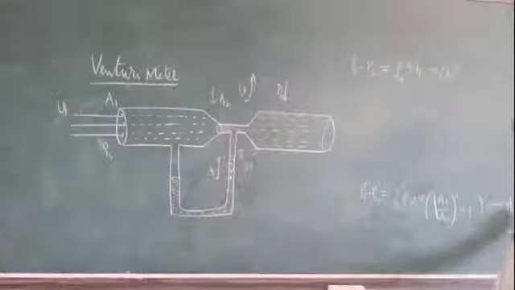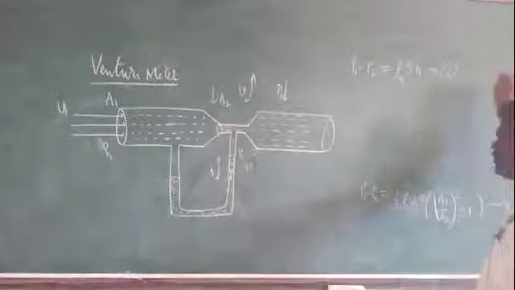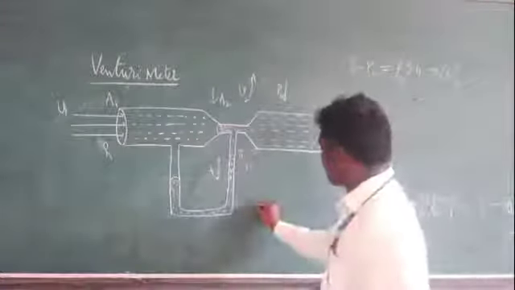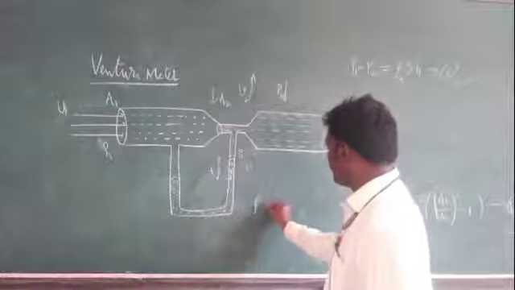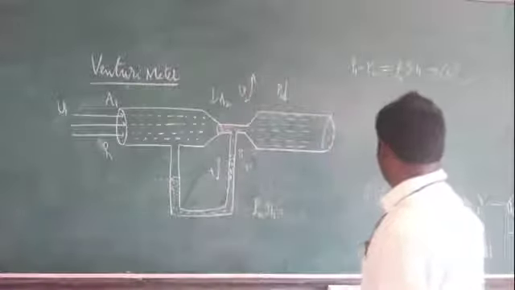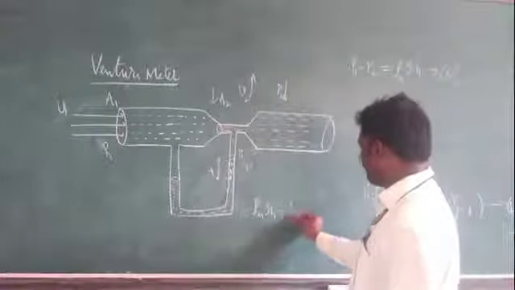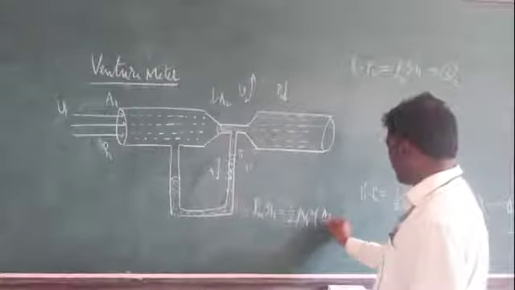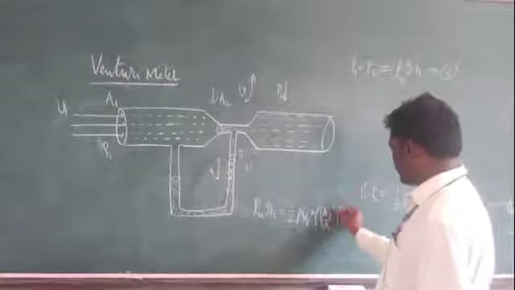So from equation 1 and equation 2, we can calculate: rho m g h equals half rho V1 square into (A1 by A2 whole square minus 1).